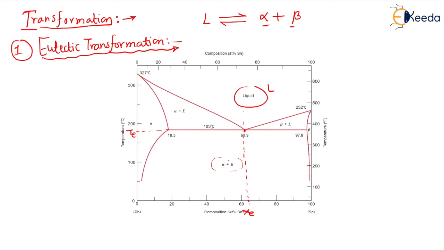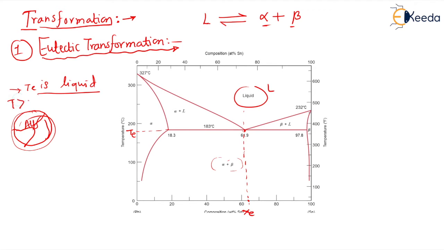For this transformation, what we are going to assume is that above Te it is all liquid, isn't it? Above Te there will be the liquid. If I take the microstructure and look at it, there will be no grains, only the liquid at a temperature greater than Te.